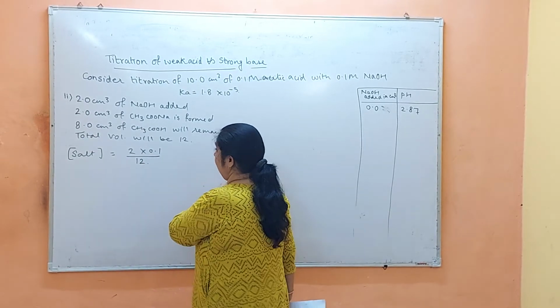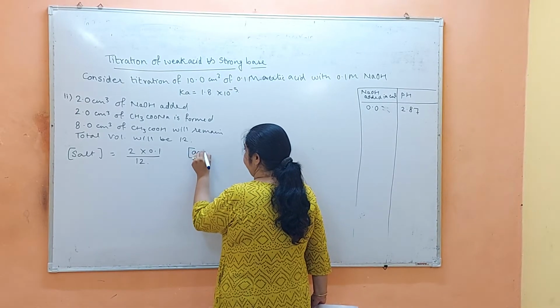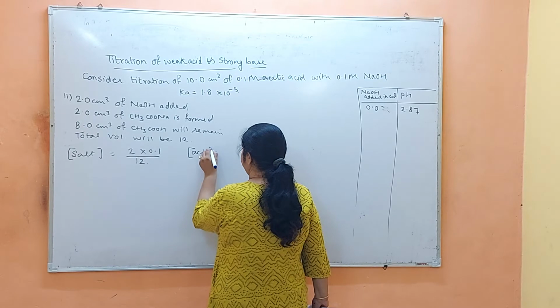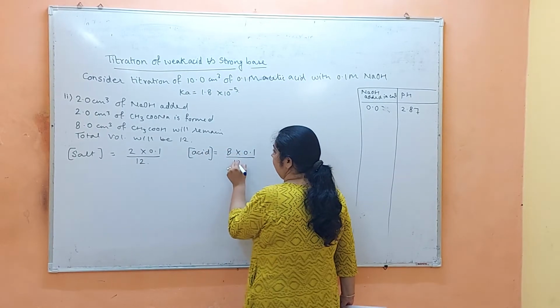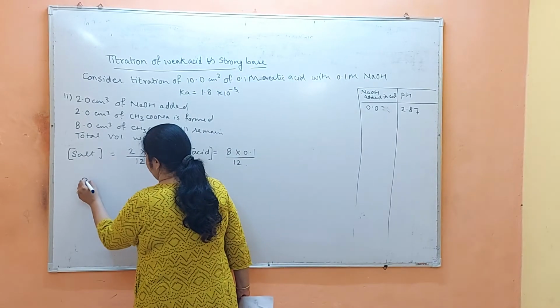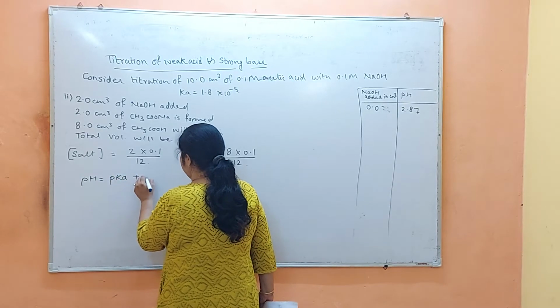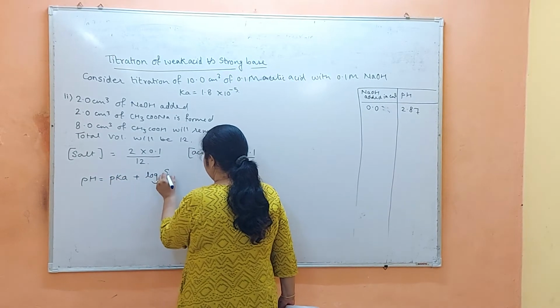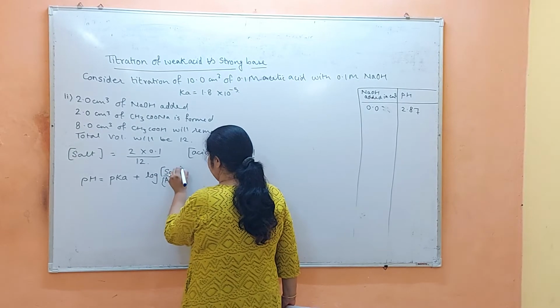Alright. And acid concentration you can calculate as 8 into 0.1 divided by 12. So now using the equation pH is equal to pKa plus log salt by acid, we can calculate the pH.